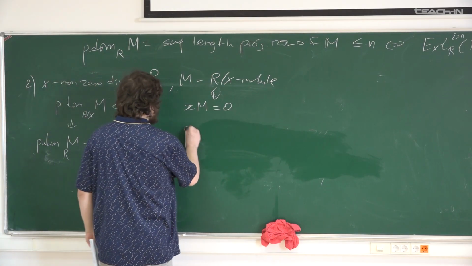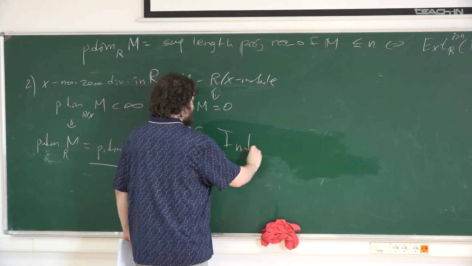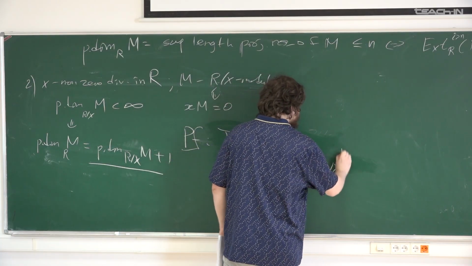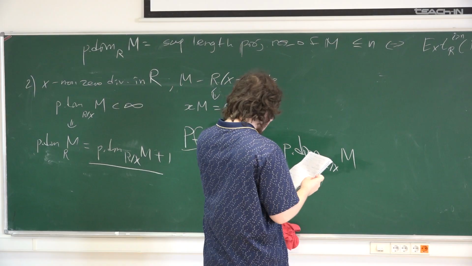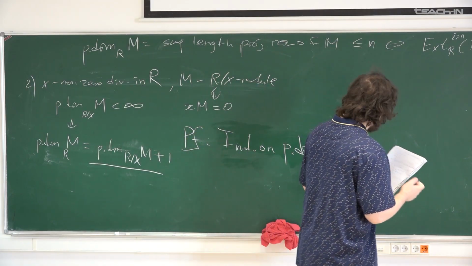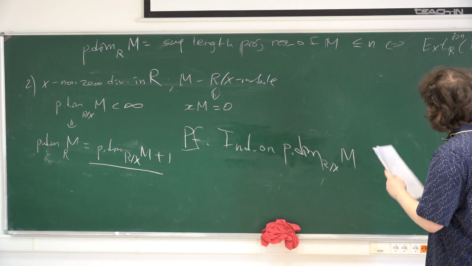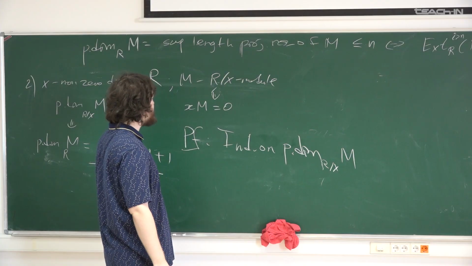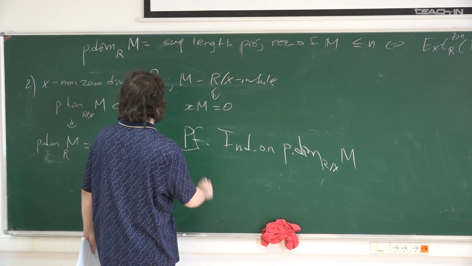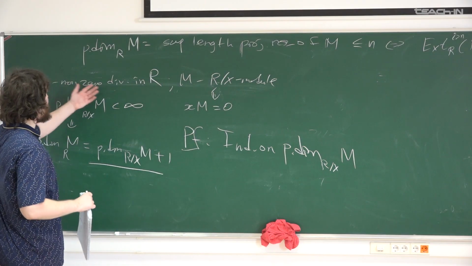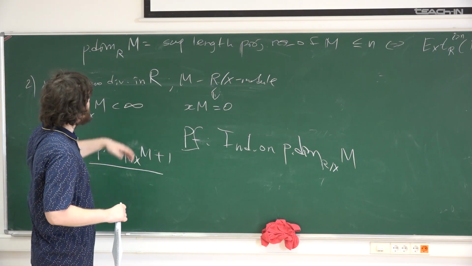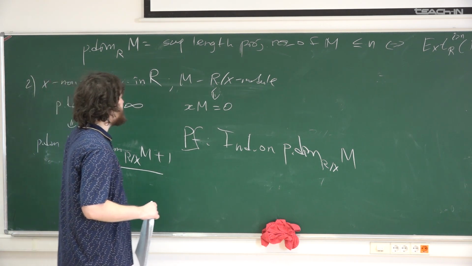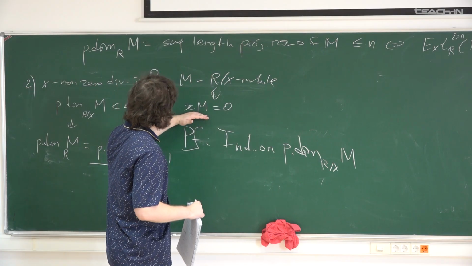Okay, proof. Induction on this projective dimension. Well, first of all, because we know that xM is 0, then M is not projective. Because x is a non-zero divisor in R, so x is a non-zero divisor in free modules, and so x cannot act by 0 on direct summands of free modules, so it cannot act by 0 on projective modules.